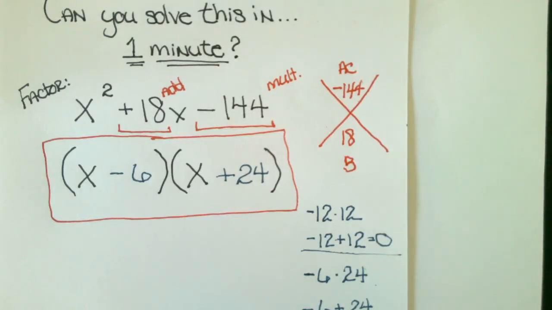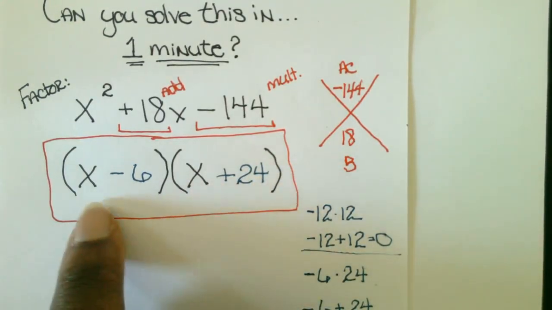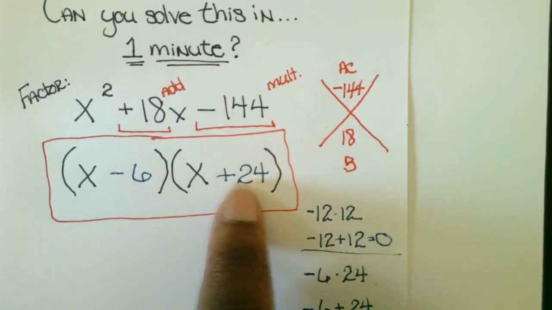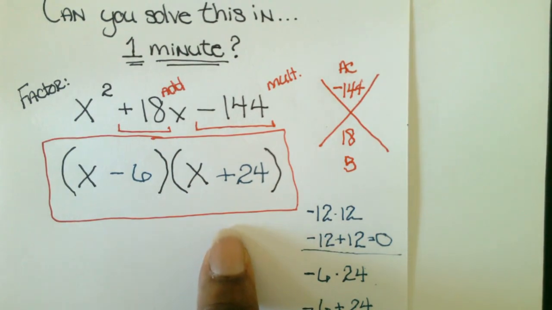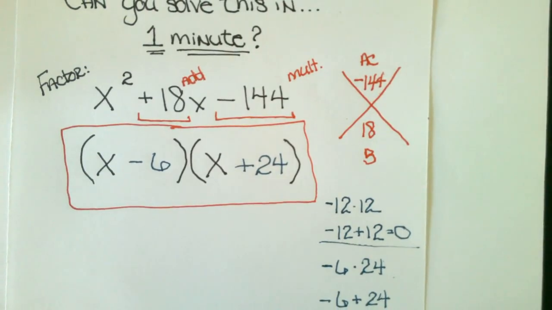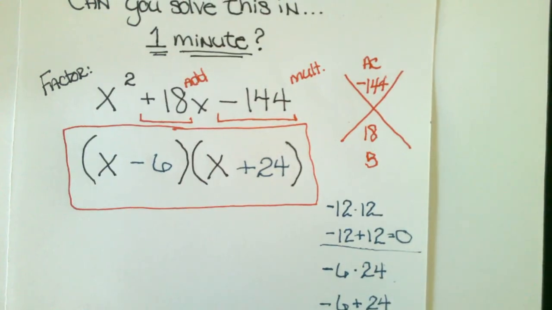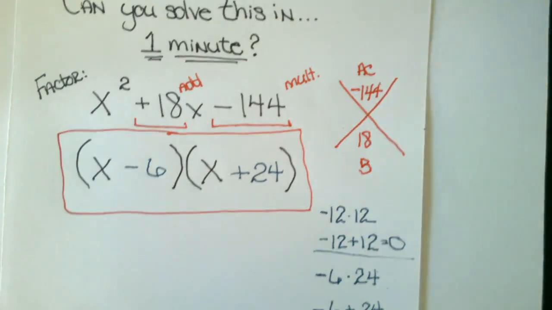It can be switched around, because remember it's a product, the property of multiplication. So if you wrote x plus 24 and then x minus 6, that's fine as well. The next step is not finding the zeros. This is all we're doing.